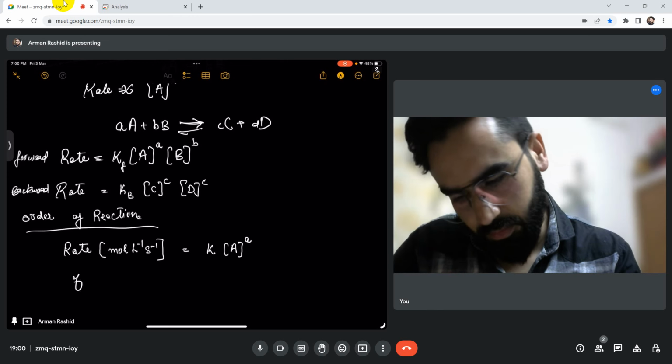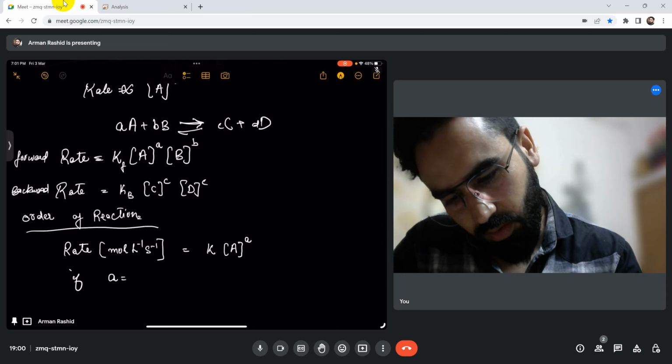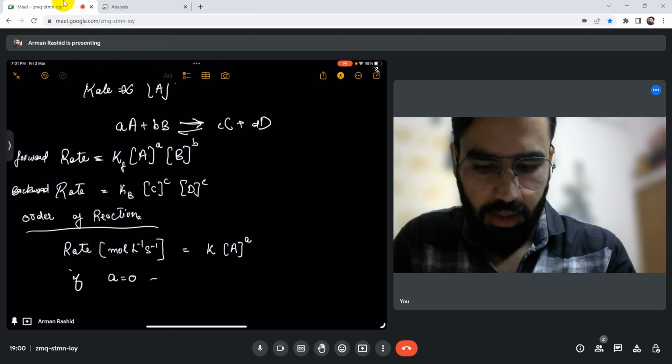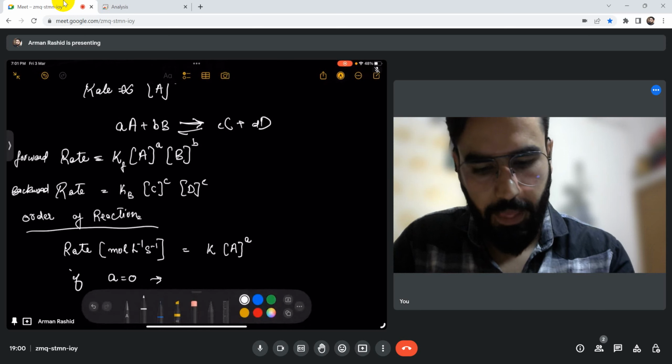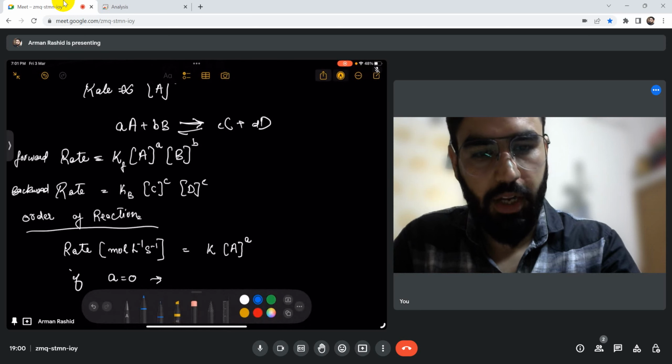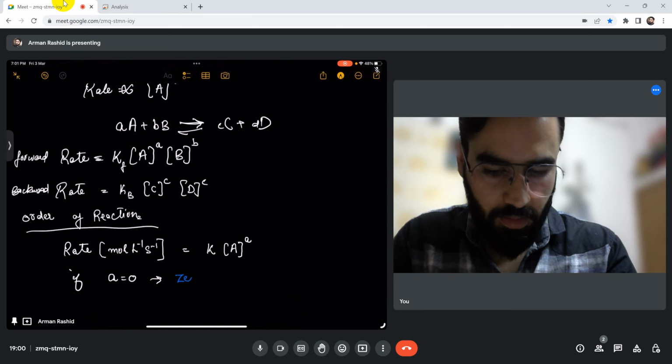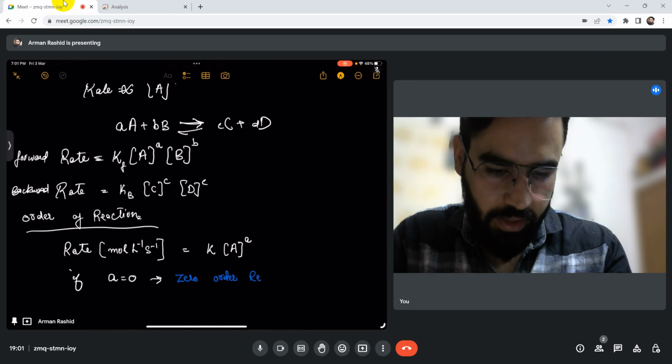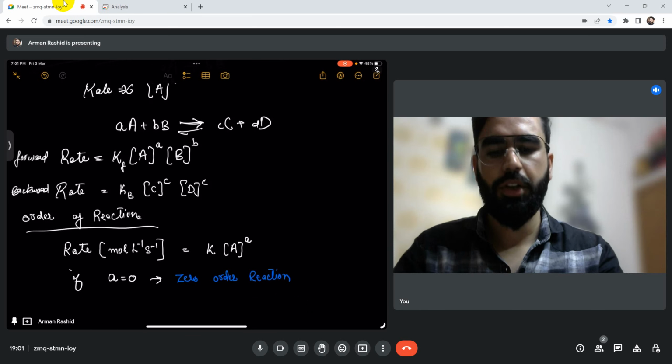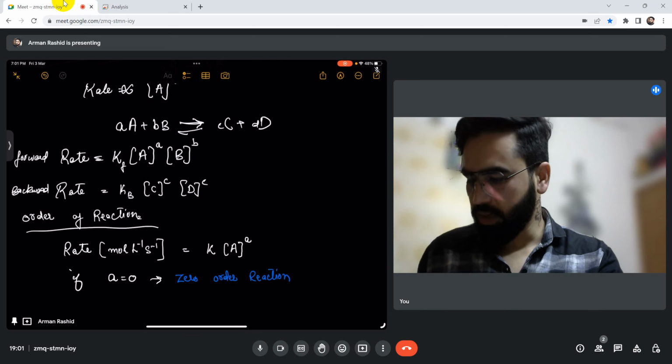If a is 0, we term this reaction a zero order reaction. That means the rate does not depend upon the concentration.